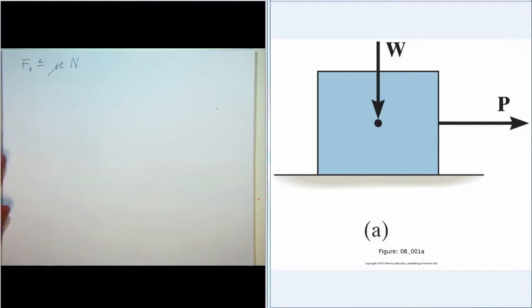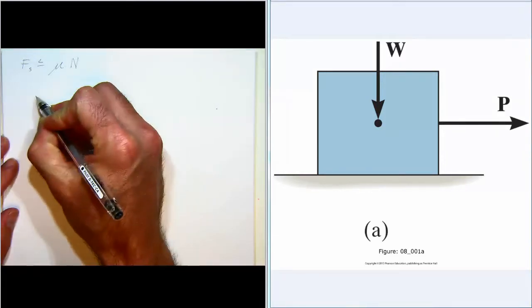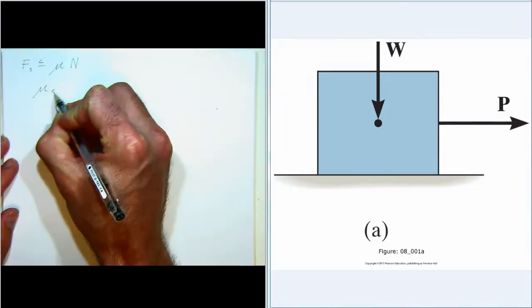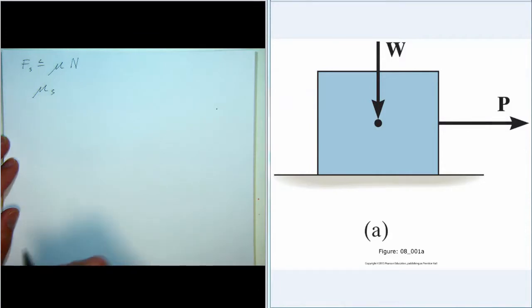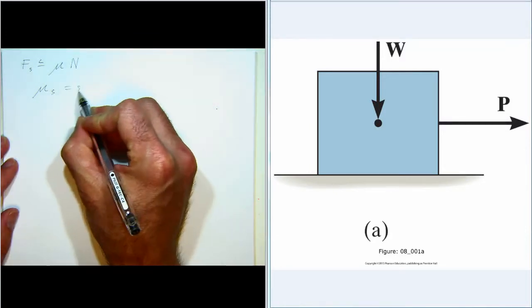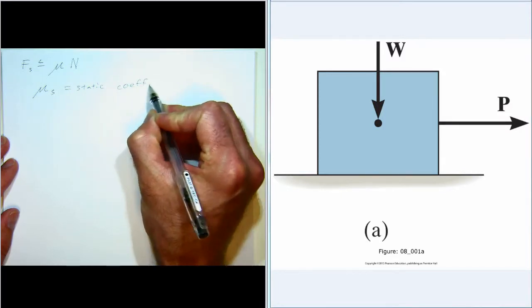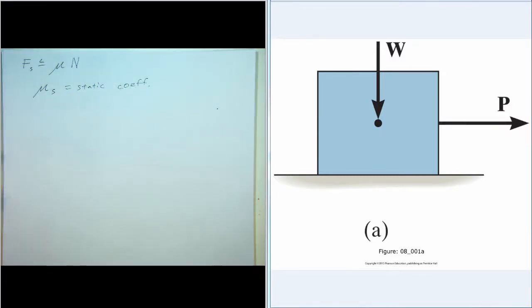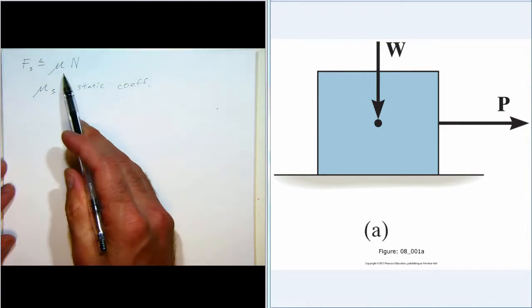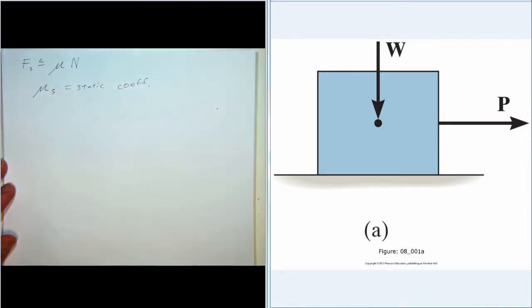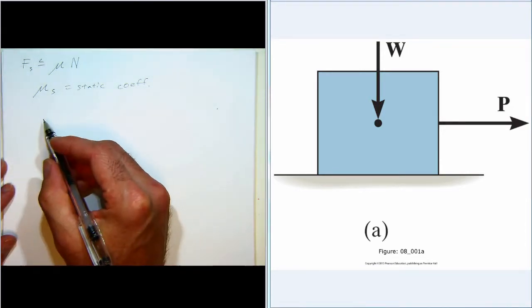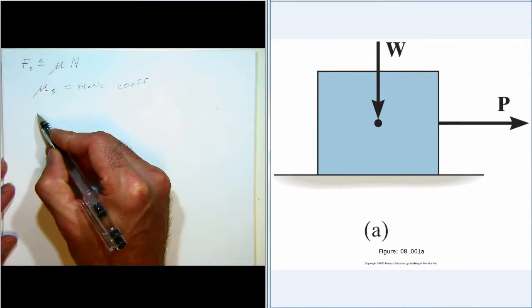So when the block is not moving, there's a coefficient of friction, the static coefficient of friction, mu s. And once the force P becomes greater than mu s times the normal force, then the block will start moving, and the friction force decreases at that point.